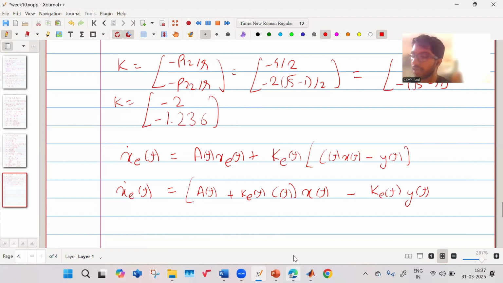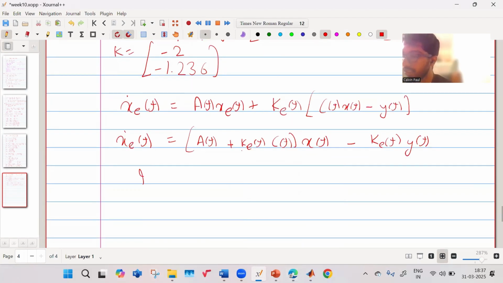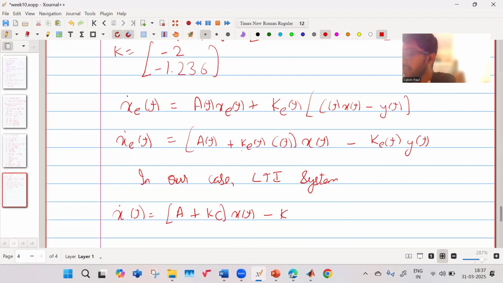Now, what is it in our case? In our case, we are considering an LTI system, a linear time invariant system. So we have the equation x dot of t is equal to A plus K C into x of t plus K into y of t.